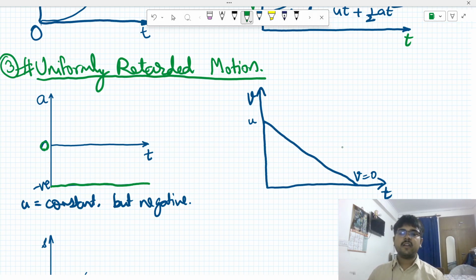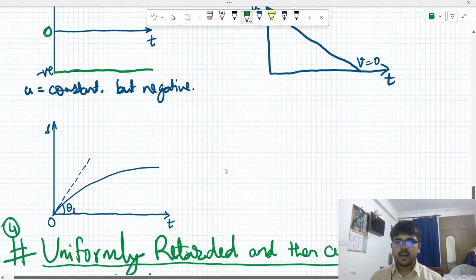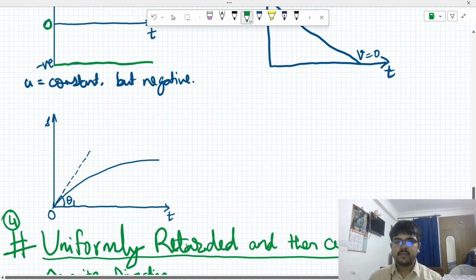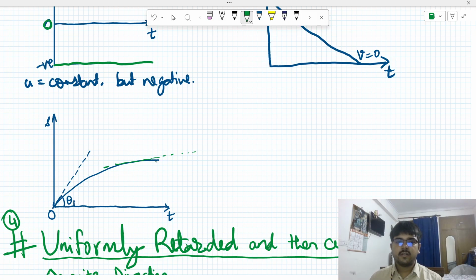In the VT graph, we will have the initial velocity u, which will be decreasing because it is being retarded, until we get a final velocity v equal to 0. In the displacement-time graph, the slope is first high, and then the slope becomes low. That implies that we are having a retarded motion.